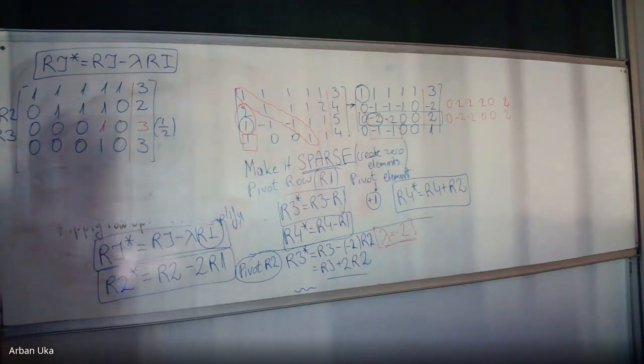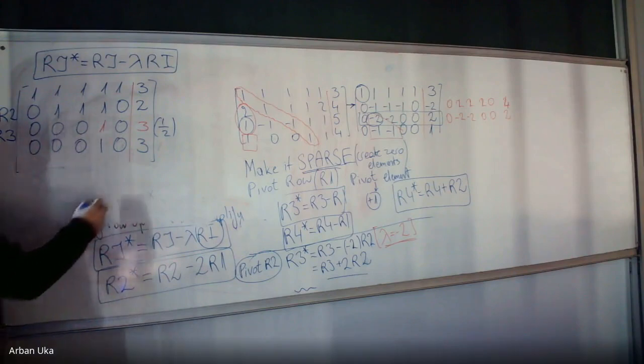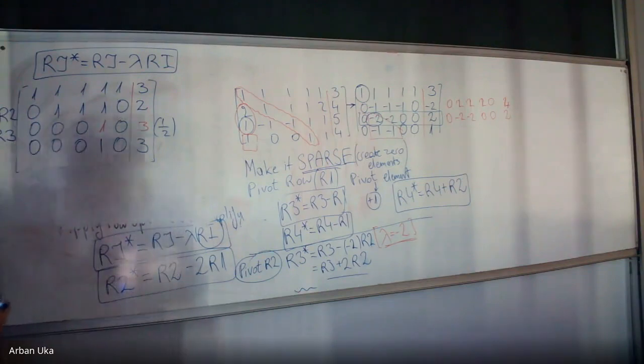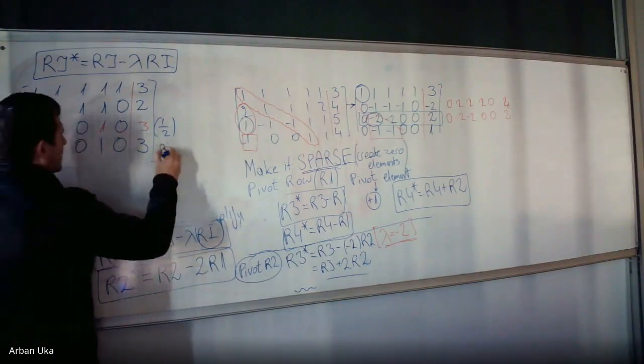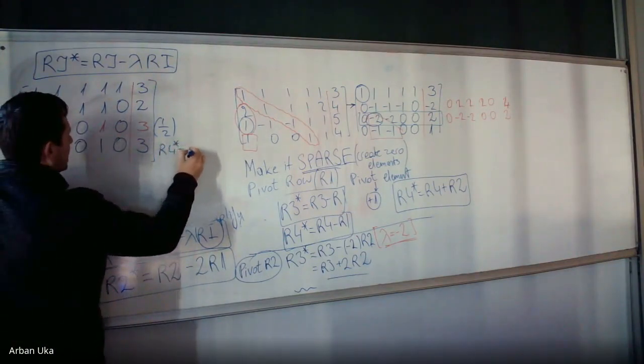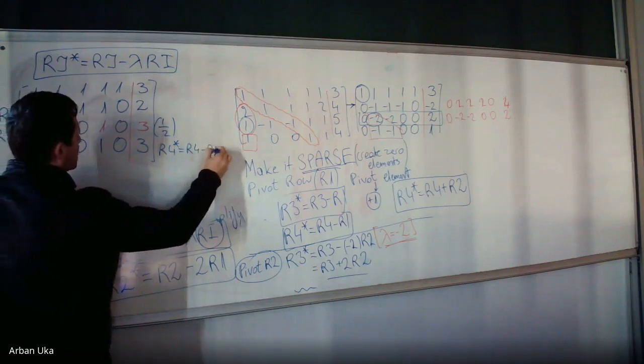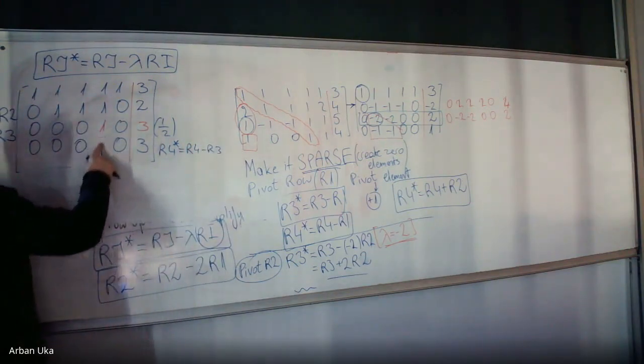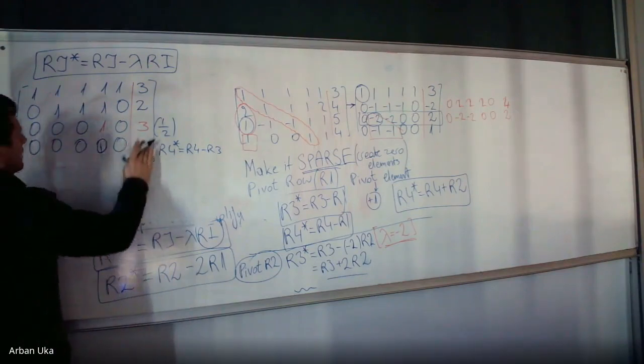If we keep row 3 as a pivot, what will be the next equation? Yes, we can simply say that row 4 star is equal to row 4 minus row 3, and simply this becomes 0 and 0, okay?